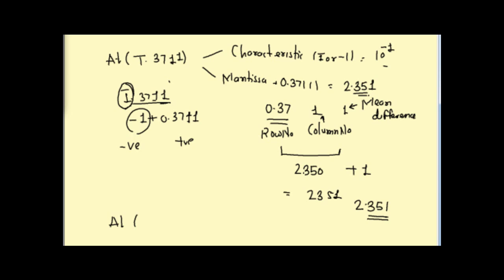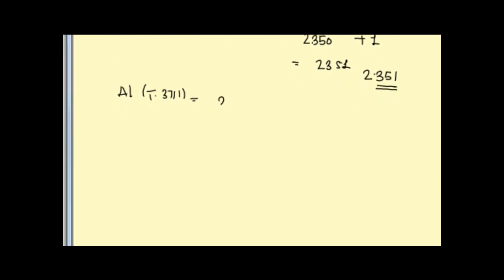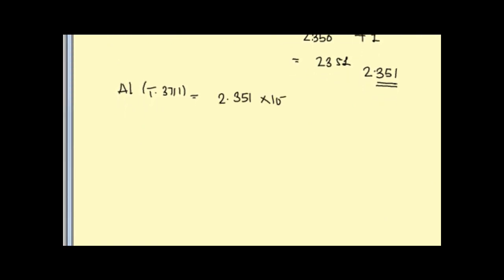Now, after finding antilog of characteristic and antilog of mantissa, the final value can be written as antilog of bar 1.3711 is equal to product of mantissa, that is 2.351 into 10 raised to minus 1. This gives a value of 0.2351, right?